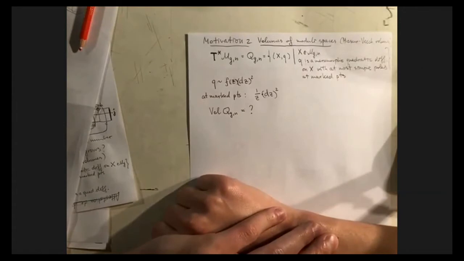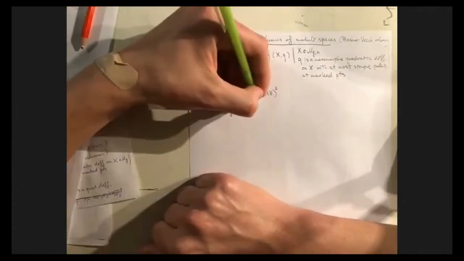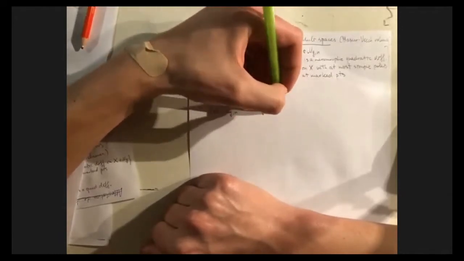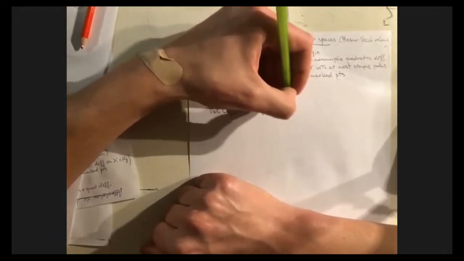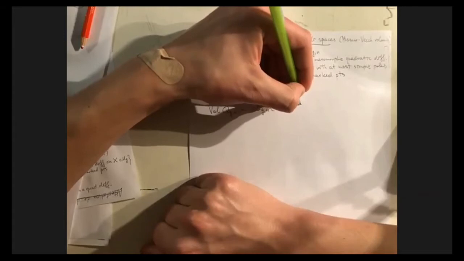And the fact is that that number is equal to a formula in g and n, involving minus 1 to the n, and 1 to the 4g minus 4 plus n. And so let me give you a hint. Why does the quadratic differential appear here, and what is the relation between these two seemingly different problems?